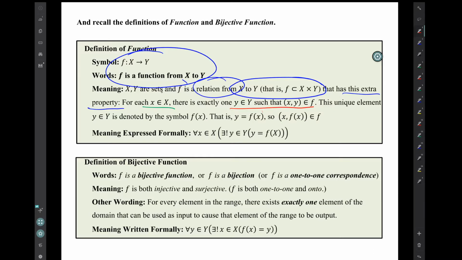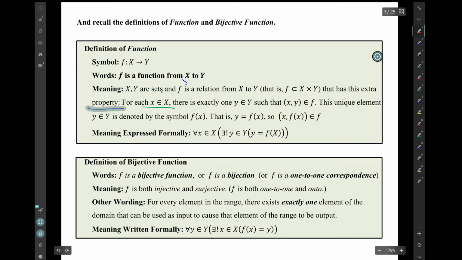And we denote that special y value using this symbol, y equals f(x). So the formal expression that expresses that a relation is a function is this. For every x in the domain, there exists exactly one y in the range such that y equals f(x).